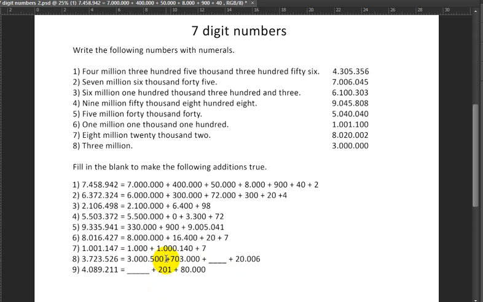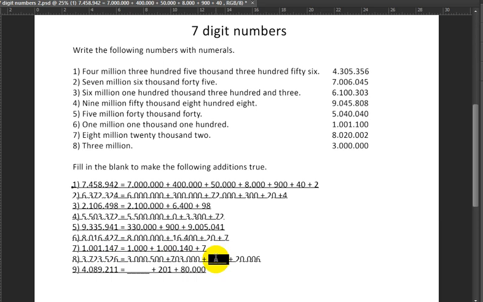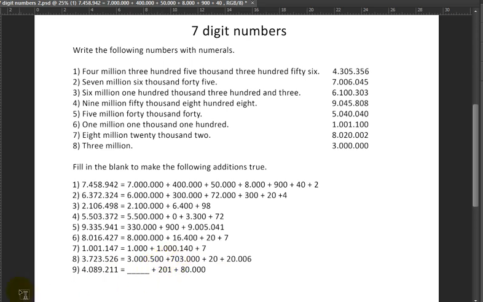Okay, so if you look closely, that means that we have the millions, the hundreds of thousands, the tens of thousands, the thousands, the hundreds, we do not have the tens, and we have the ones. So the only thing we are missing is the tens. So we need another 20 to make this addition true.